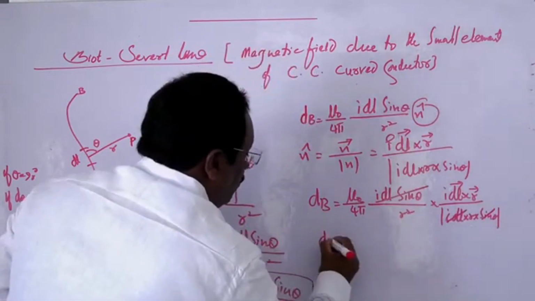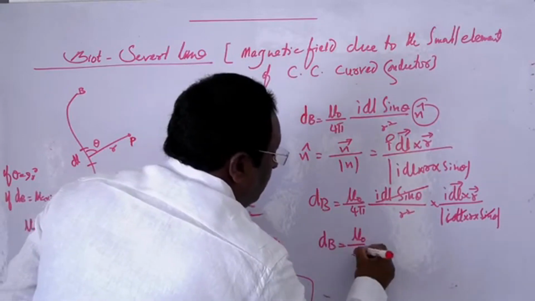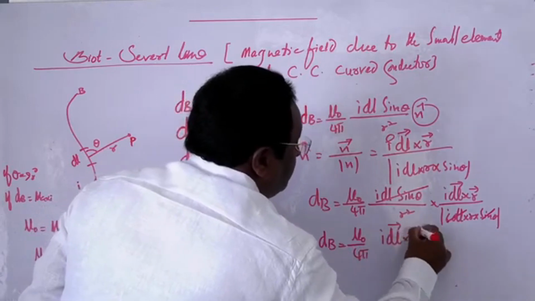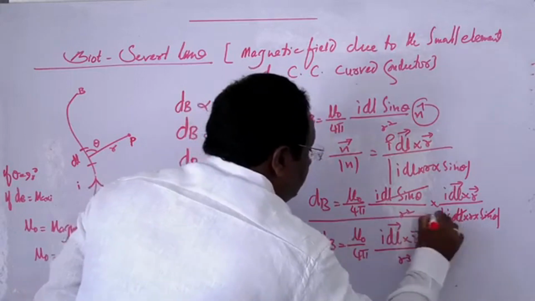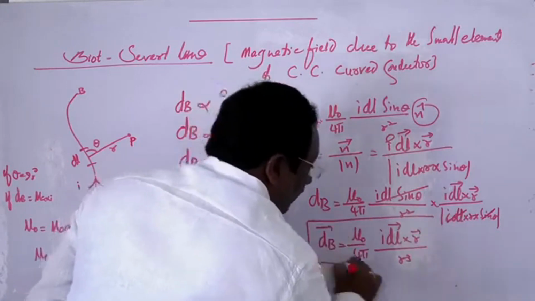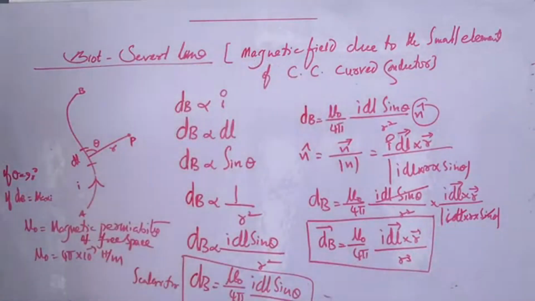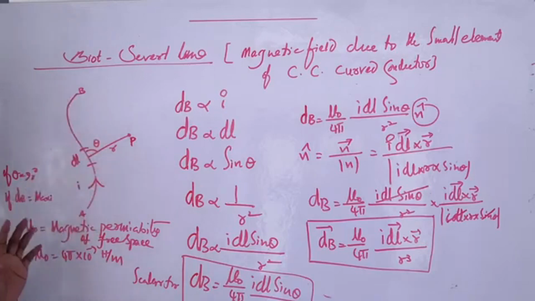So we have dB is equal to mu naught by 4 pi, current element by r square into r cube. This is the vector form of Biot-Savart law, to find the magnetic field due to the small element of a curved conductor.